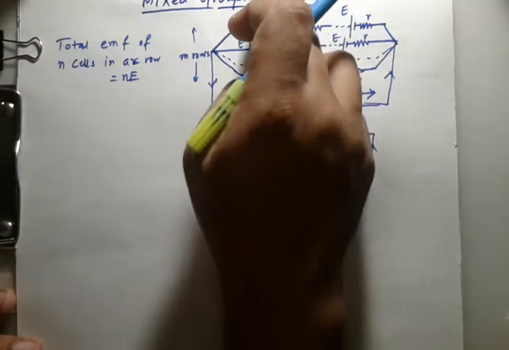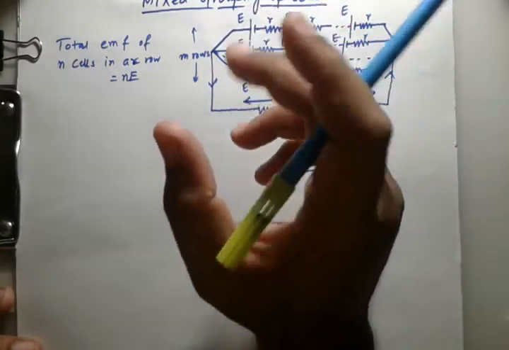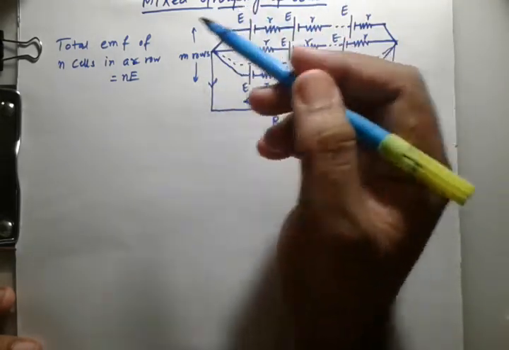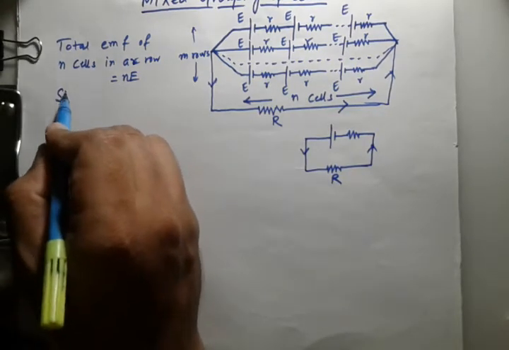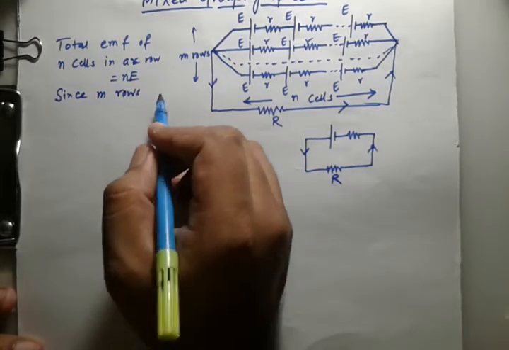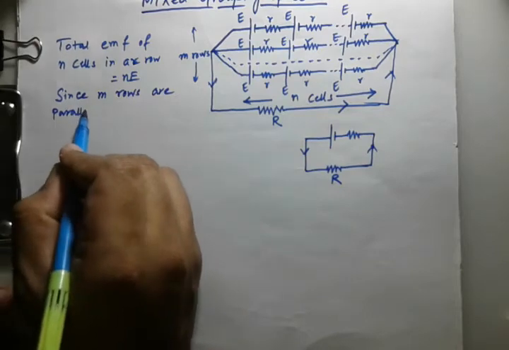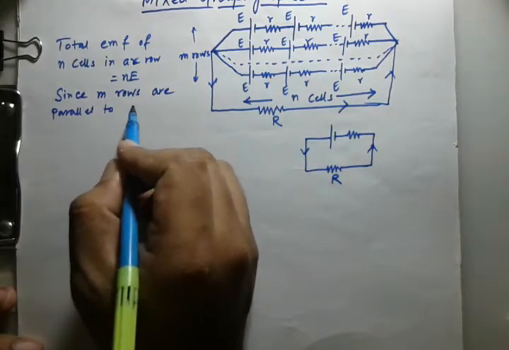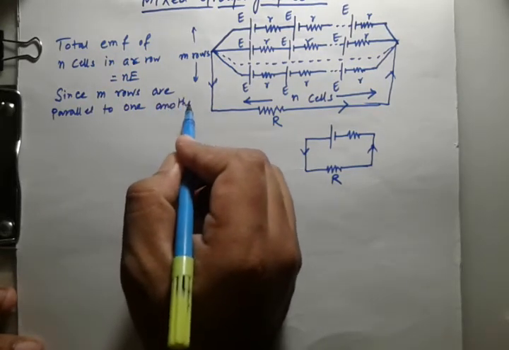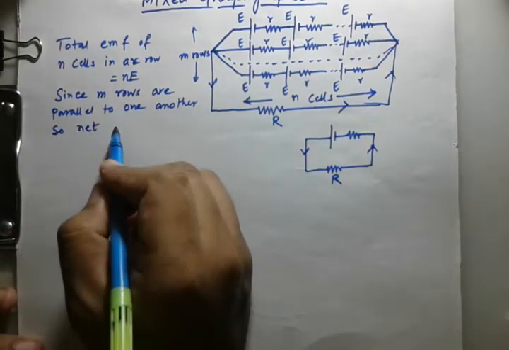Since m rows are connected in parallel to one another, the net EMF of all cells in the combination is equal to the EMF of the cells in one row.